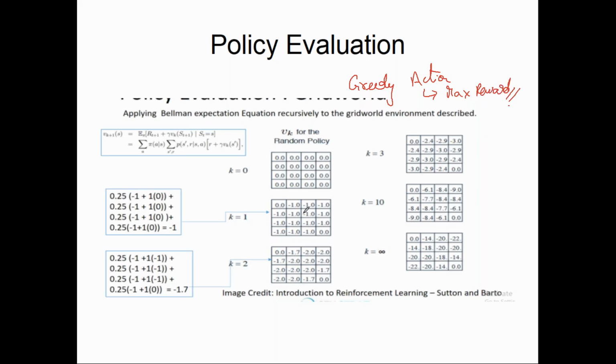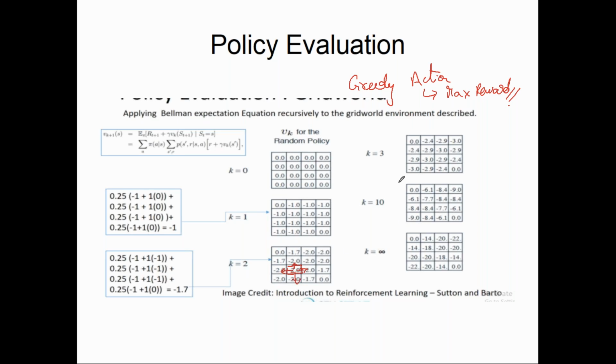If you look at this particular box, here I cannot make out. Everywhere it is the same reward, so it will take an action like this. There are 4 possible actions it may take.